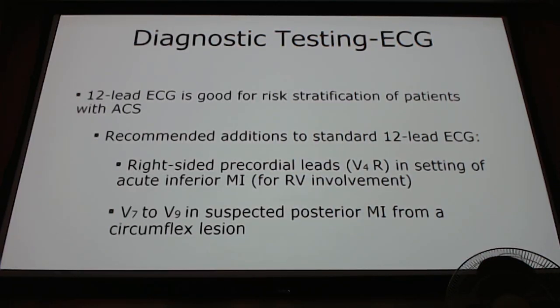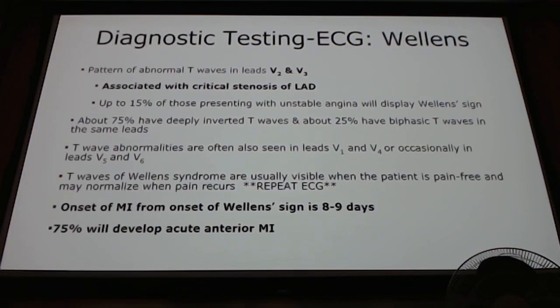We already kind of talked about when we get the right-sided and posterior leads. Other concerning findings are abnormal T waves in V2 and 3. So you guys remember Wellens sign? You have those hyperacute T waves or those large T waves, but you don't see any ST elevation or other abnormalities on your EKG.